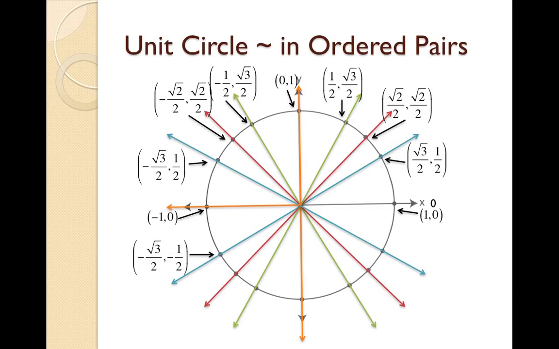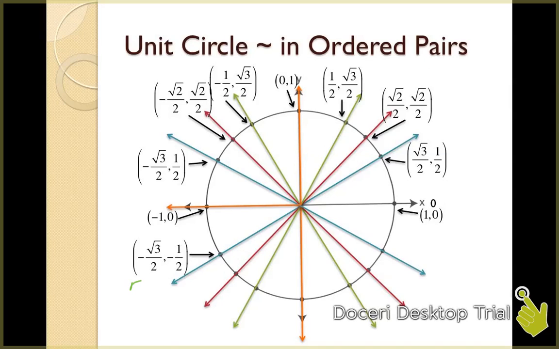But then as we continue on, we're now at an angle of 7 pi over 6, and this is our reference angle. But again, that denominator of 6 tells me my reference angle is the pi over 6 here. So I'm using square root of 3 over 2 for my first number, 1/2 for my second number.